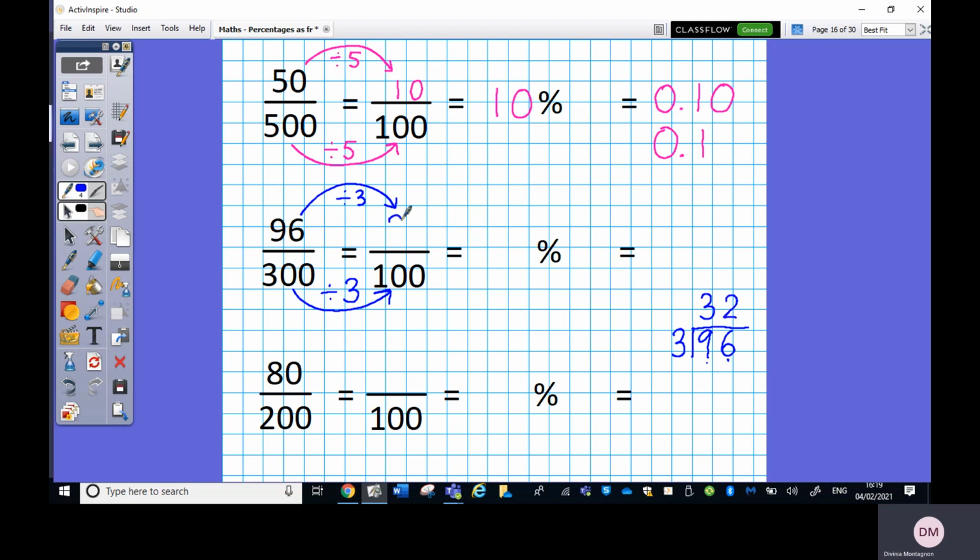So my answer is 32. Therefore, as a percentage, 32 hundredths equals, good, 32%. And as a decimal, the answer is 0. Tell me, shout it out. Great, 0.32. Excellent.